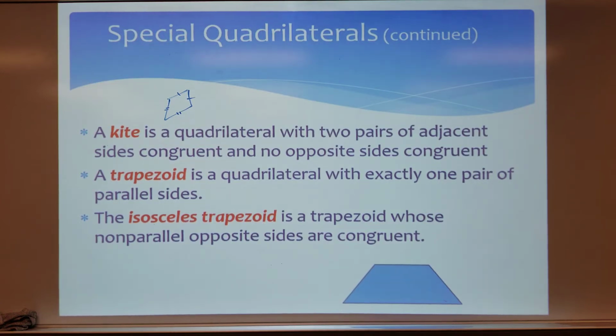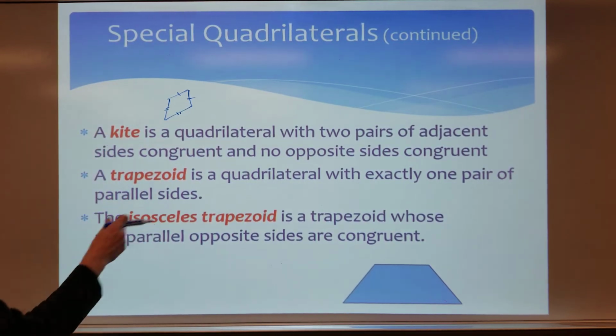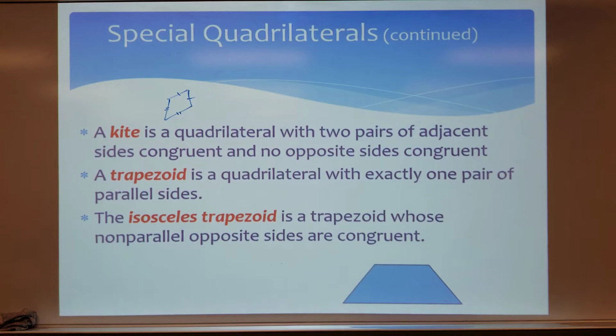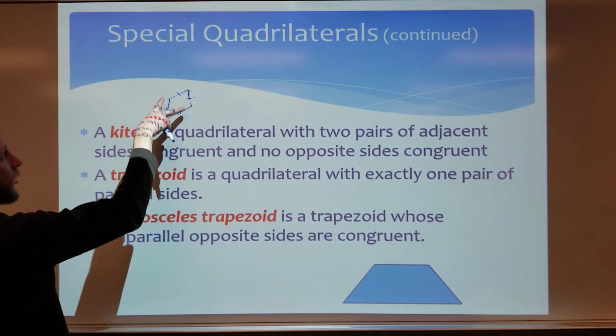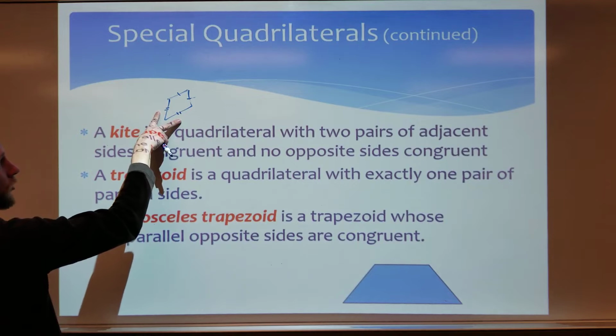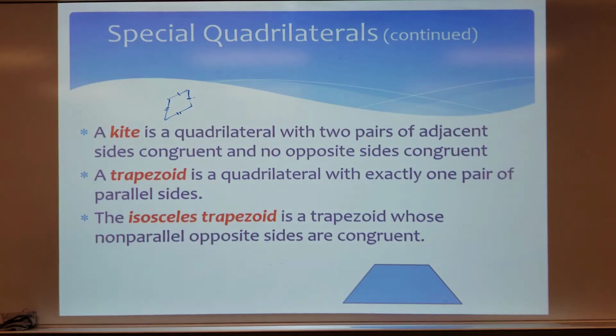I know that there are different shapes of kites that you can fly nowadays, but a kite in a geometric sense is a quadrilateral where none of the opposite sides are congruent, none of the opposite sides are parallel, but there are two pairs of adjacent sides that are congruent to each other. We're going to learn some interesting facts about this.